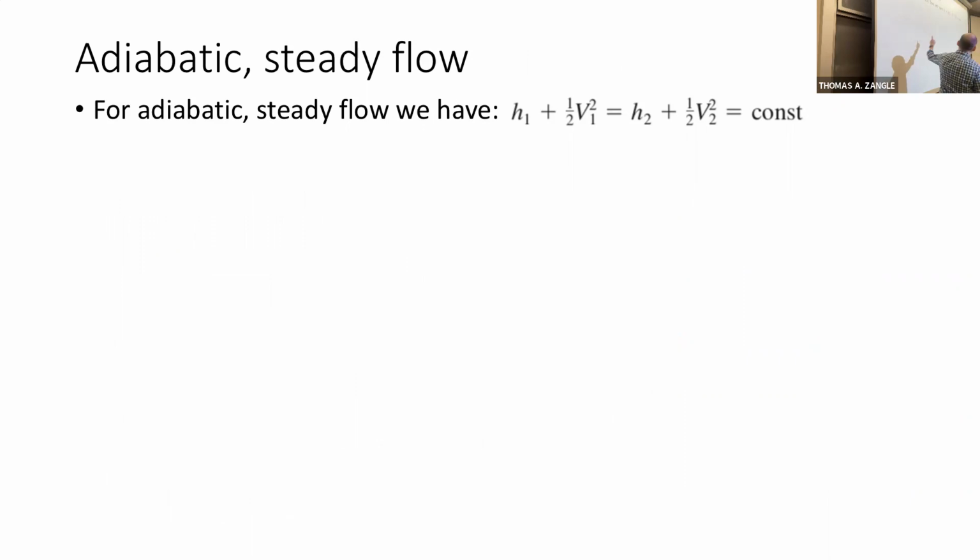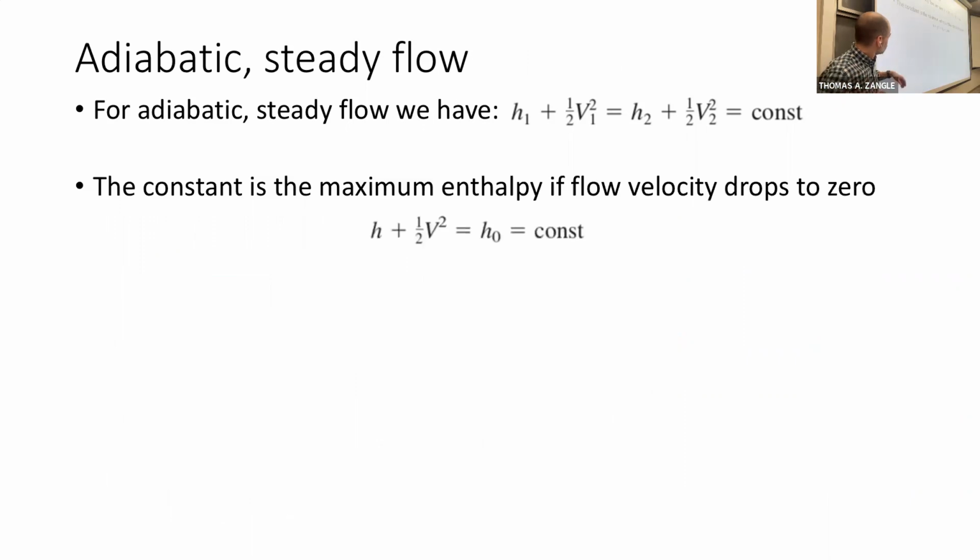So okay, we're left with this expression relating our enthalpies and velocities at point 1 and point 2. So now imagine if we take this velocity and we allow the flow to slow down without heating and without any change in entropy, right?